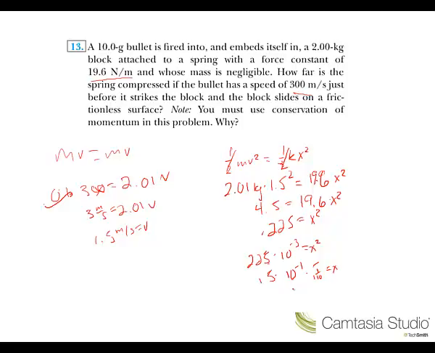Okay. So this gives me 1.5 times the square root of 1/10, which is about 1/3. So this is 0.5 meters equals x. There we go. Alright guys, that handwriting has gotten really terrible. But we are done.